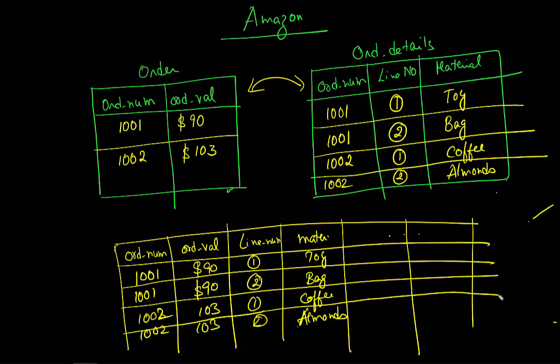Now, how do you merge data frames that don't have a similar column structure, but they have something very useful, which is the order number. It's called a primary key, but think of it as just a common field. Order number, order number.